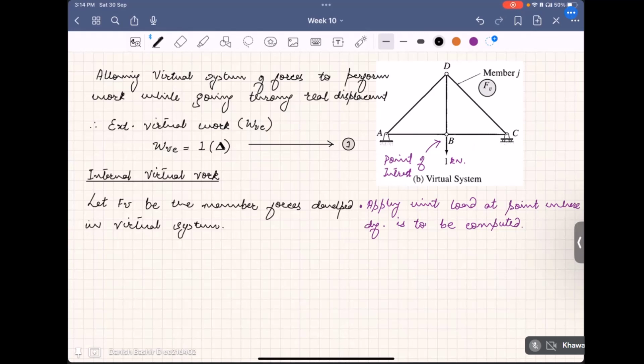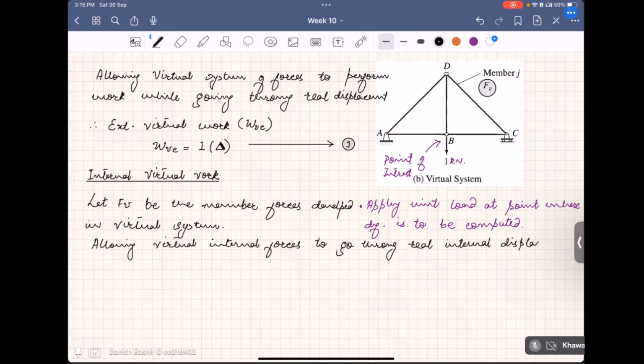Allowing virtual internal forces to go through real internal displacements. Only then we will call it a virtual internal work.